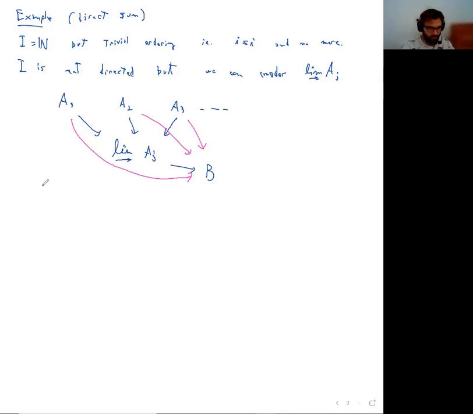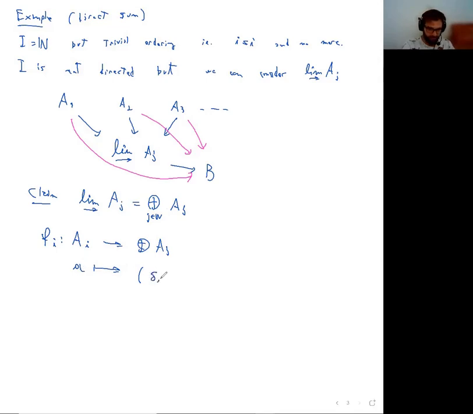And the claim here is that this limit is nothing but the direct sum of these objects. And the Fi goes from Ai to the sum. You simply take an element a and you send it to the infinite tuple which is all zeros but the a.